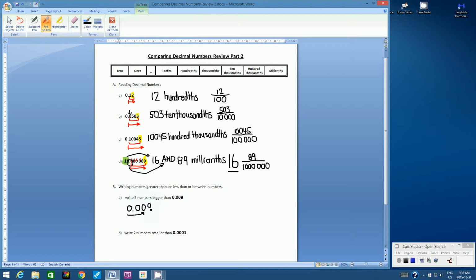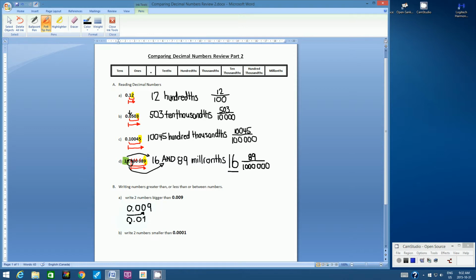Because we can't really have a number bigger than 9 in the thousandths column. So any number here that is bigger than 0 here would be bigger than 0.009.